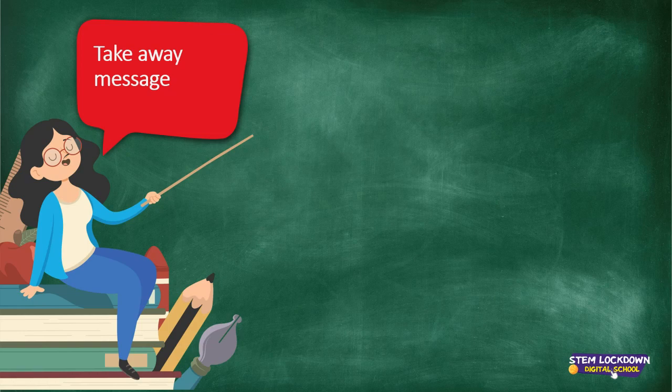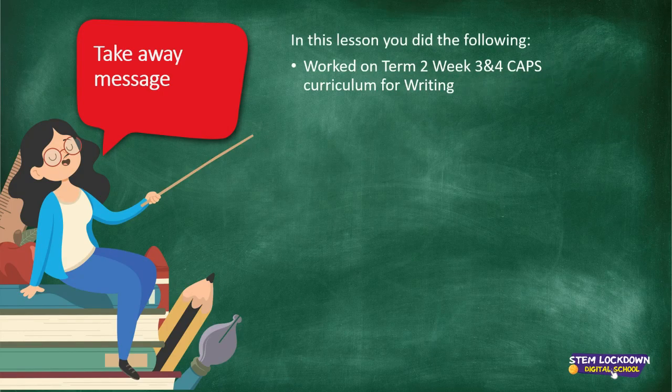This week you could even practice writing some descriptions of other creatures or animals that have caught your attention. So let's see what we did today. We worked on the CAPS curriculum for writing for term 2, week 3 and 4. You reviewed 2 descriptions from earlier this week so that you could see what is meant by a description and how it's structured.